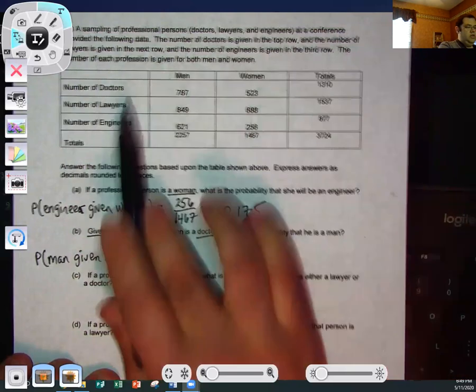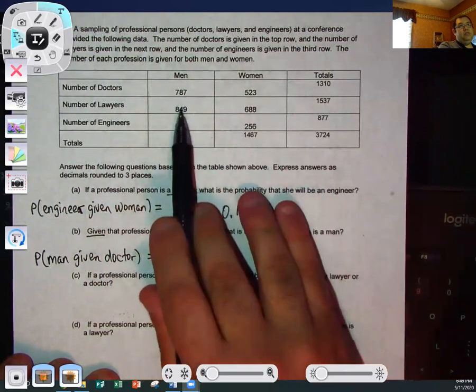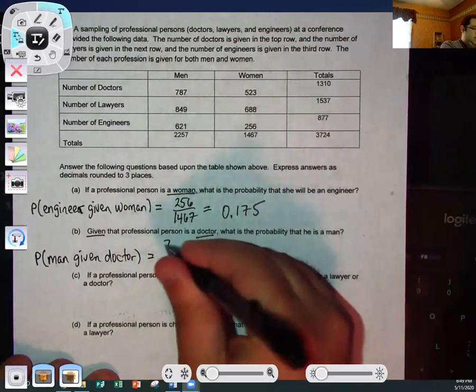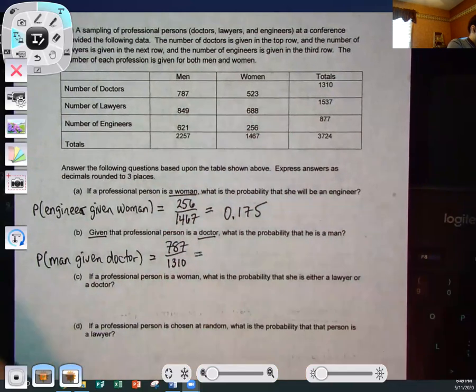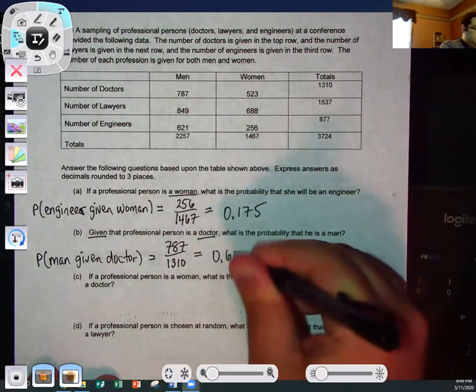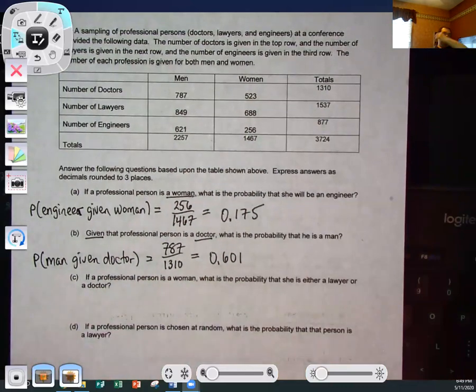How many men are doctors? 787 out of 1310. So that's approximately 0.601. So the probability of selecting a man, given that they are a doctor, is 0.601.